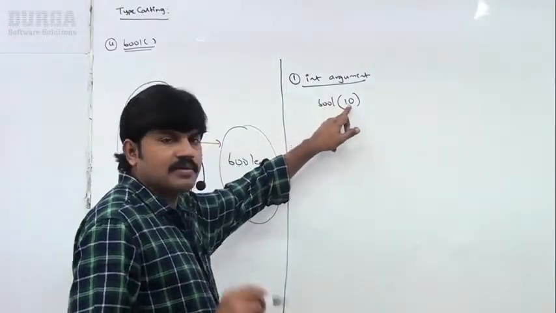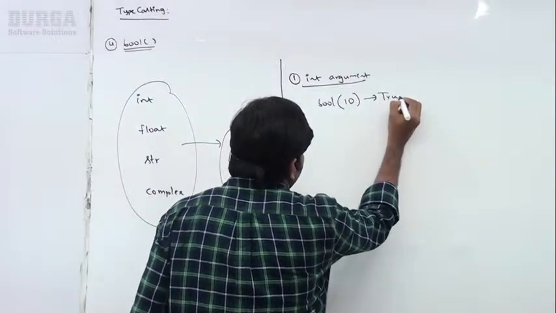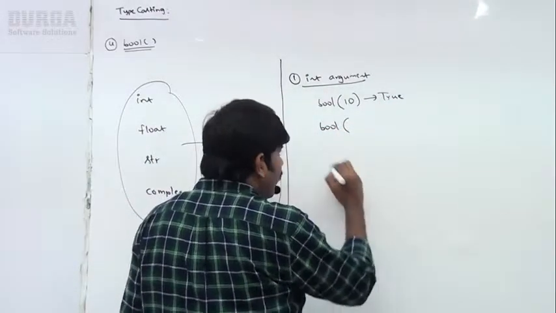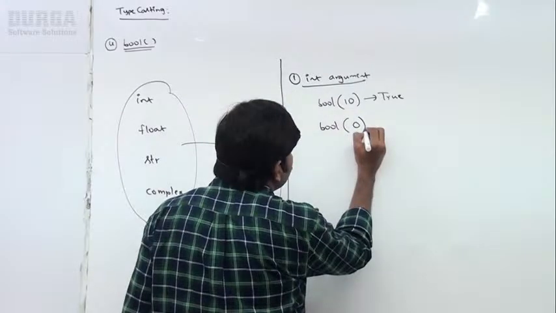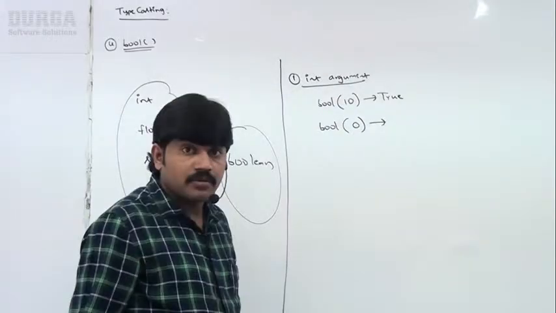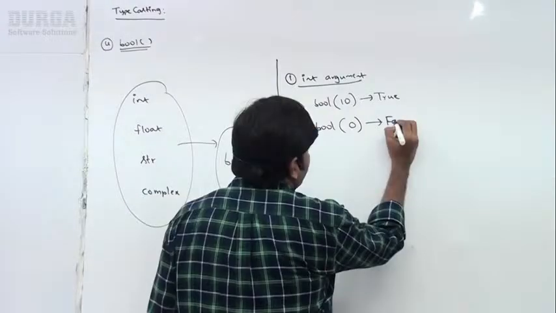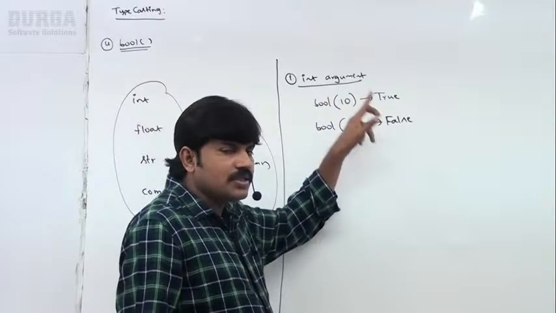Now bool of 10 is not 0, that's why we are going to get True. Next, bool of 0. 0 argument means False we are going to get. Remember this: non-zero means True, 0 means False.